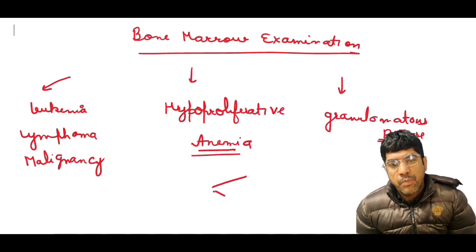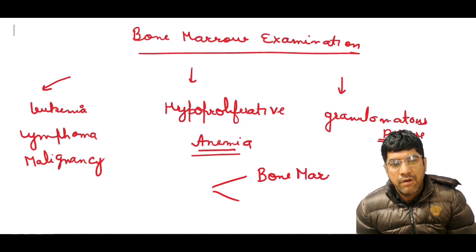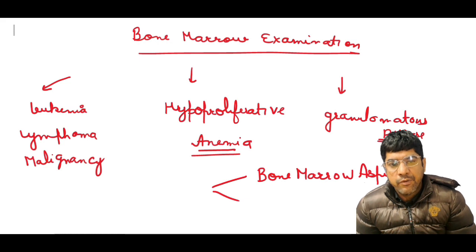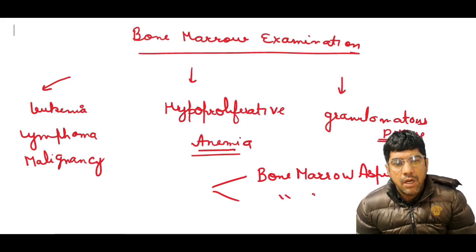What are the components of bone marrow examination? Aspiration involves extraction of liquid bone marrow using a needle to assess the cellular composition and provide the material for morphological examination.